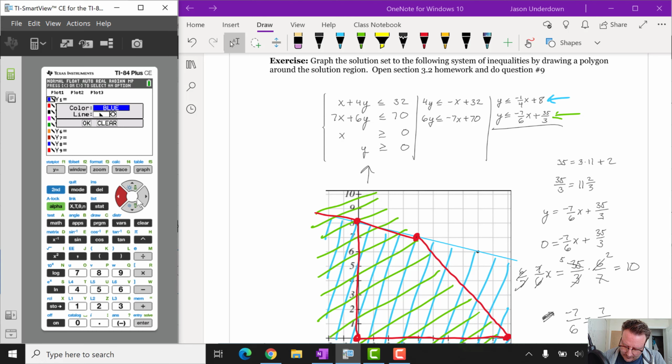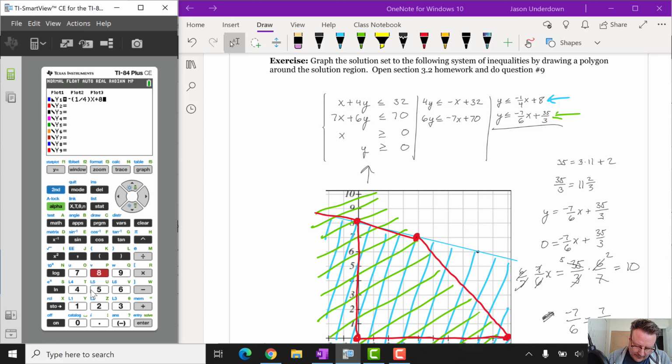Let's see. So I want y is less than or equal to -1/4 x plus 8. So that would be that. And let's go up and change. The color's fine. Okay, so let's go hit OK. Okay, and now I want this to be negative parentheses 1 divided by 4, close parentheses, x plus 8.